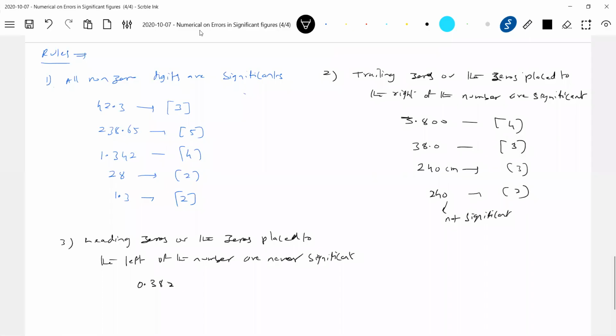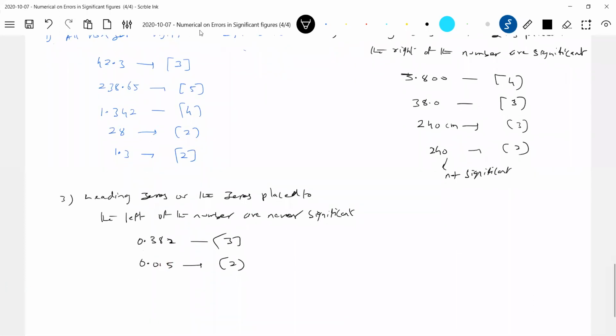So this 0 will not be significant. Okay, I agree, this 0 will not be significant here. These are called leading zeros.